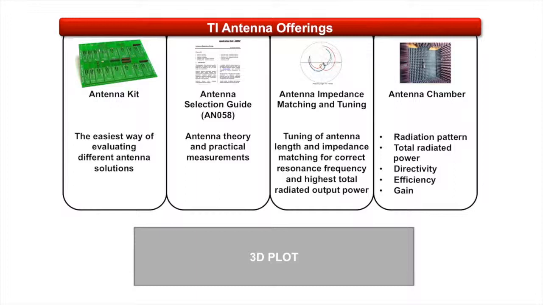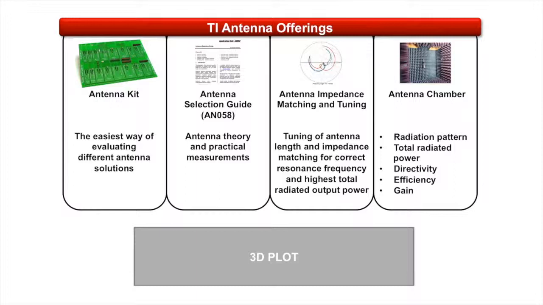The kit includes a total of 13 low-cost antennas in different sizes and form factors, in addition to 3 calibration boards. TI has a well-equipped RF lab, an antenna chamber, and can, for selected customers, offer to optimize the antenna solution.